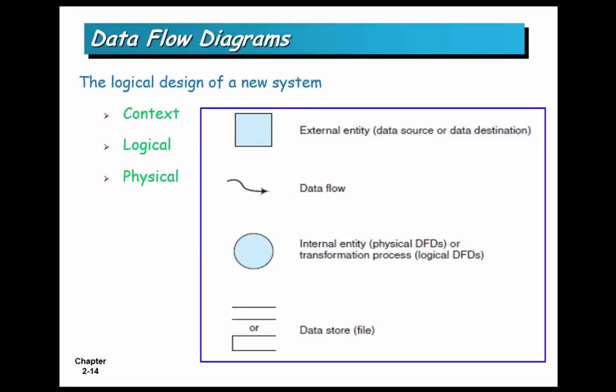A circle is an internal entity for a physical DFD or a process for a logical DFD. And we'll see what that means on the next couple of slides. And you can use either one of these symbols, I don't care, to represent data stores. Sometimes one is temporary, the other is permanent. Doesn't matter to me. People usually use this one above to represent a data store, a database of some kind. 4 symbols.